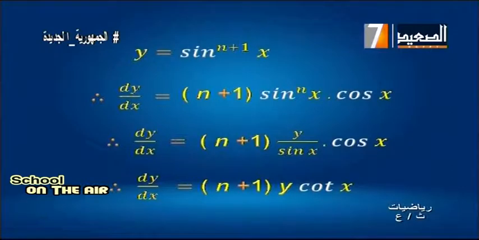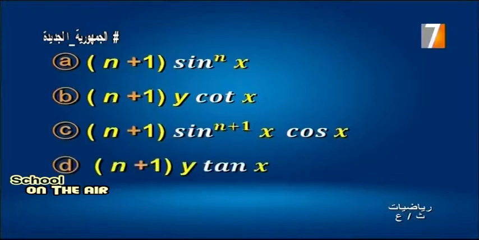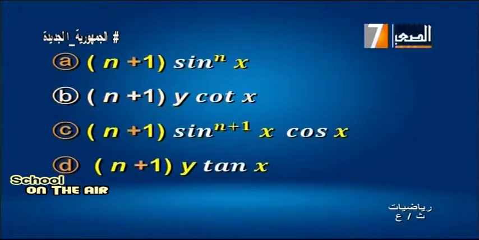Then the derivative of the function y equals sine to the power n plus 1 of x equals (n+1) times y times cotan x. Then we can choose the correct answer, which is letter B.